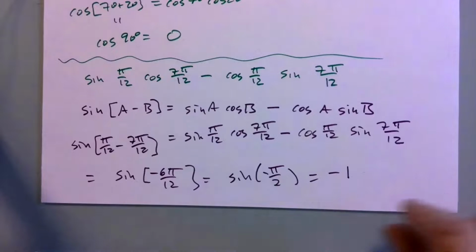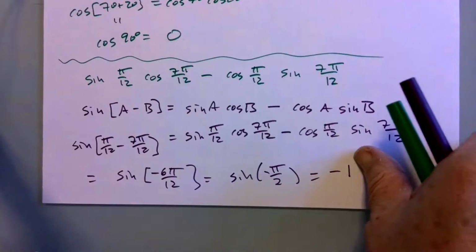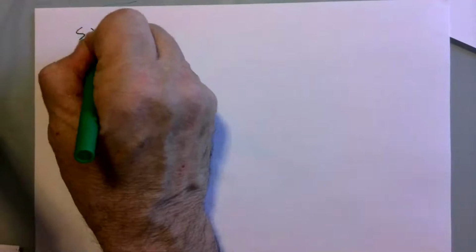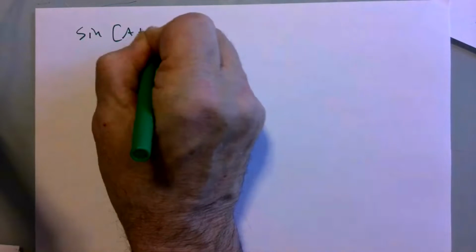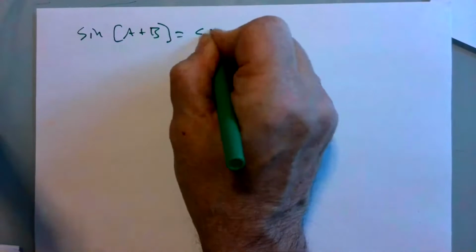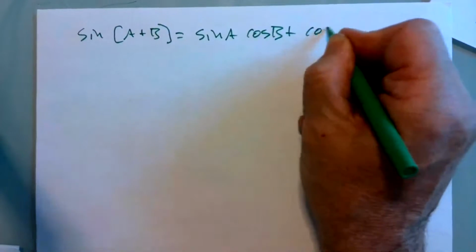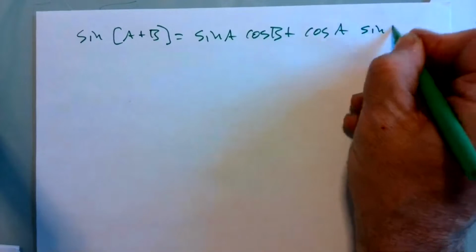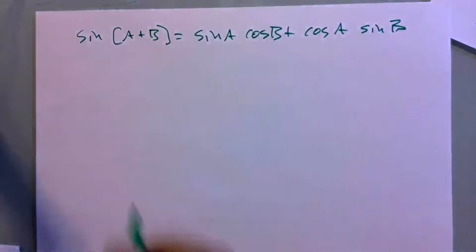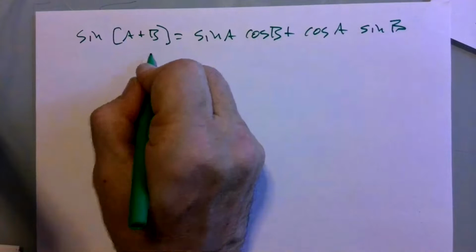So again, maybe I'll let you guys try this. Zoe asked a question earlier on the board about sine theta plus theta. So let's address that now, and then I will let you guys try the following problem. So here is our rule. Our rule is sine of a plus b is sine a cos b plus cos a sine b. And what I want is I want a to be theta and I want b to be theta.